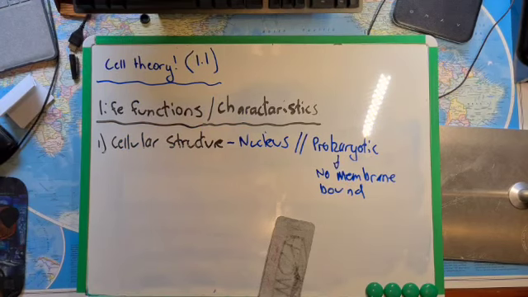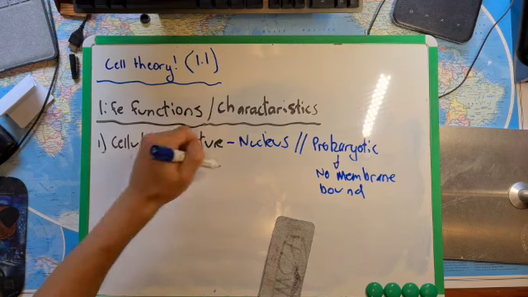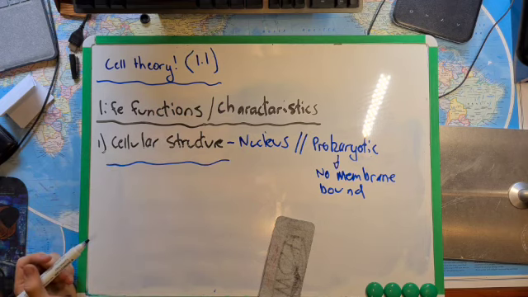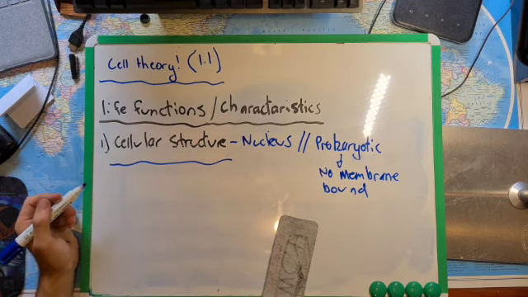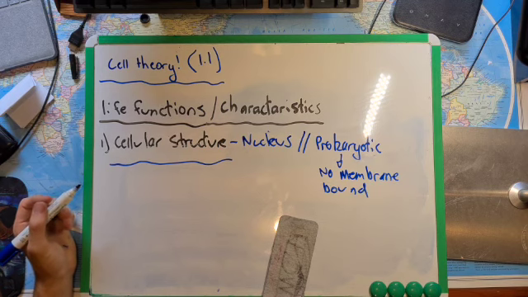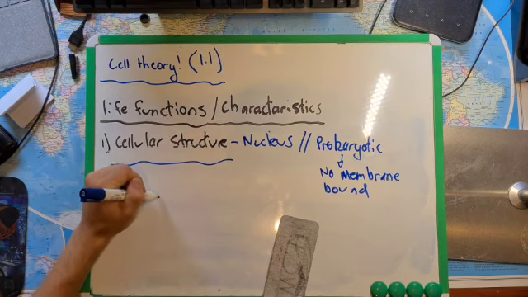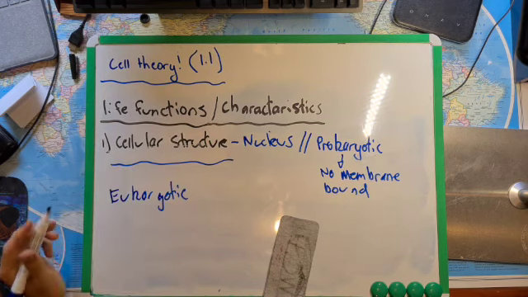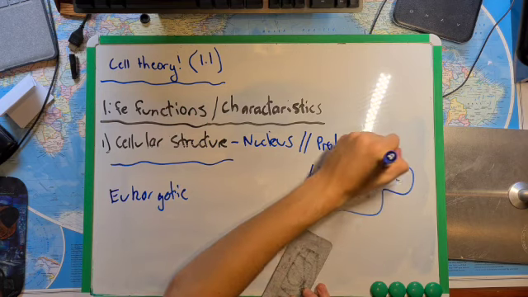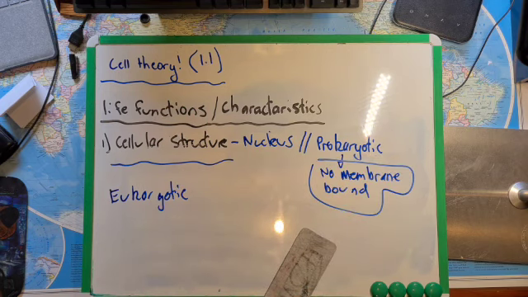There are a multitude of different functions and characteristics of cells. The first one notably being that cells have a cellular structure. According to cell theory, all living things are composed of cells, and within those cells there is a structure of organelles, whether that being membrane bound in your eukaryotic cells or not membrane bound in your prokaryotic cells.